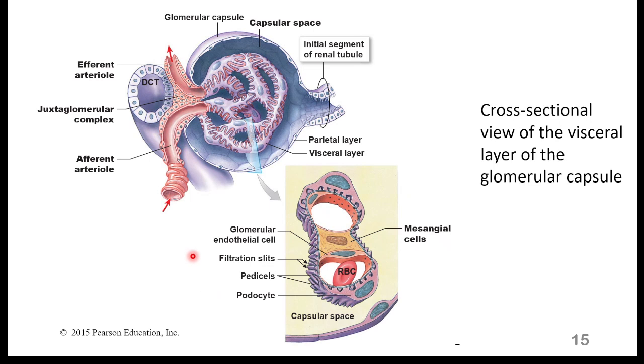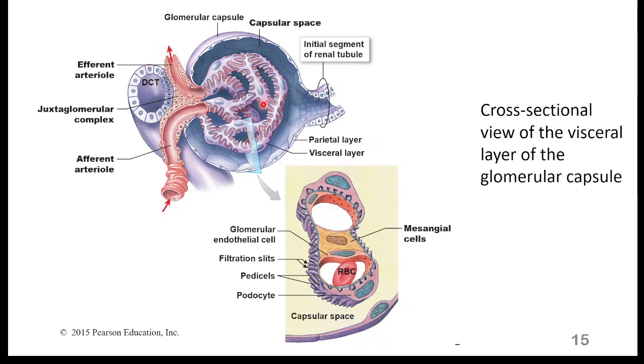All right, so this cartoon shows some of what we've been talking about. As before, you can see the afferent arteriole that goes in, forms the capillary inside the nephron, and eventually it exits. It takes blood out through the efferent arteriole.